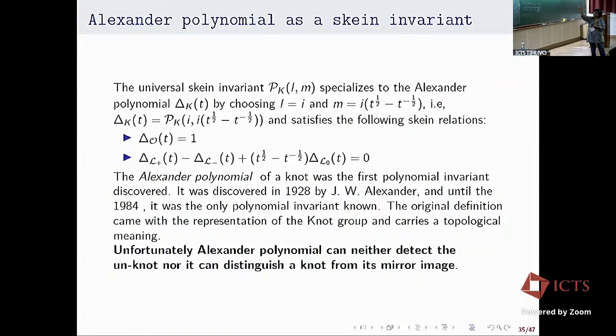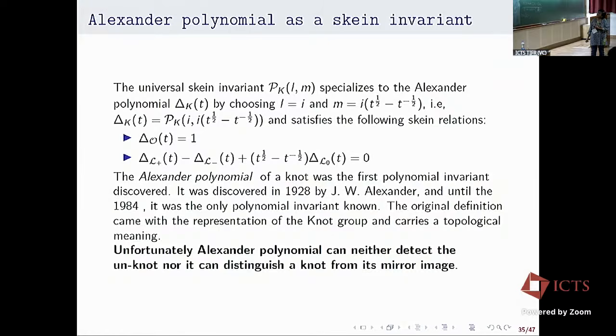So this Alexander polynomial, its value for unknot is 1, and its a plus is 1, a minus is minus 1, and a naught is t to the power half minus t to the power minus half. So using these two relations, we could compute the Alexander polynomial for any knot. It will take a lot of time, because crossing by crossing you would perform those and go to the smaller one, then compute that. But still you can compute.